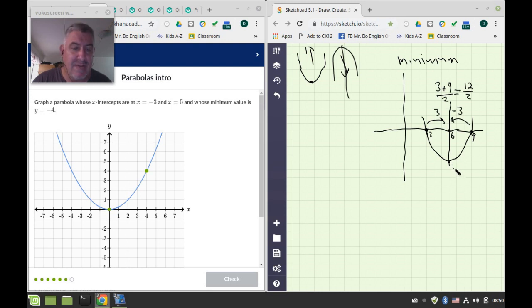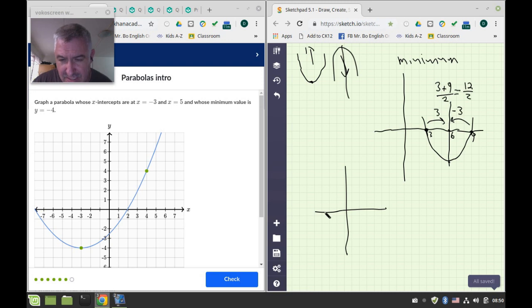We know that happens at y equals negative 4, but we don't know where. New pen, sorry. So just a fast one here.